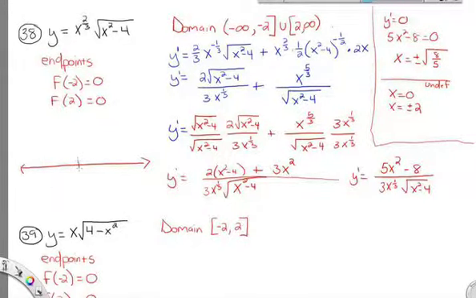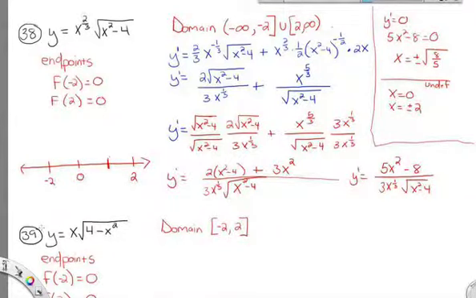Alright, so my critical values are 0, the square root of 8/5. I don't know what that number is, but I know that it is smaller than 2, and 2 was my endpoint, and -2 was my endpoint.